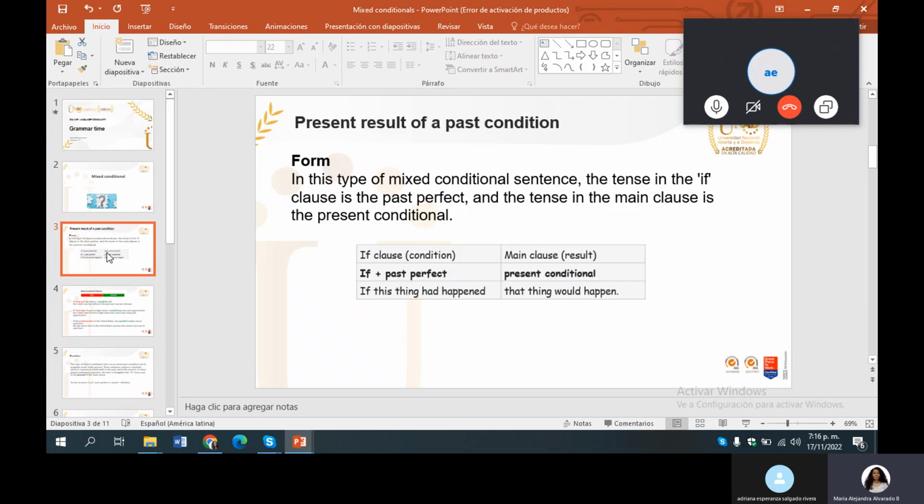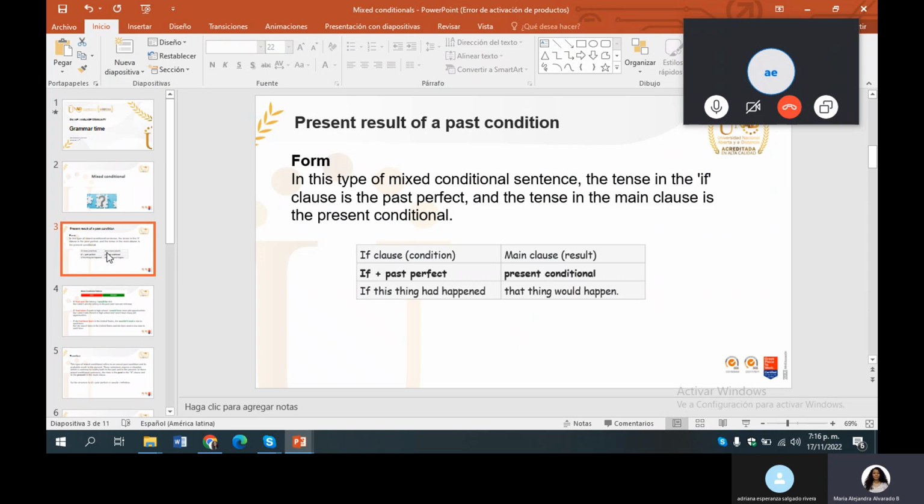I'm going to explain how the mixed conditional works. Basically, the mixed conditional is a combination of conditionals. We have the second conditional and the third conditional, so they can be combined.